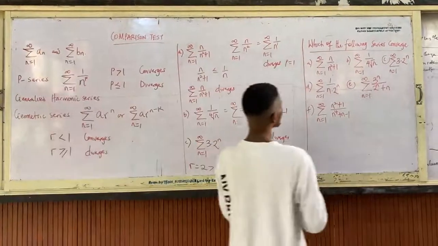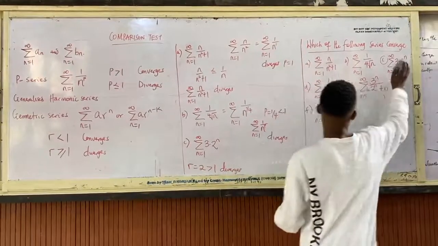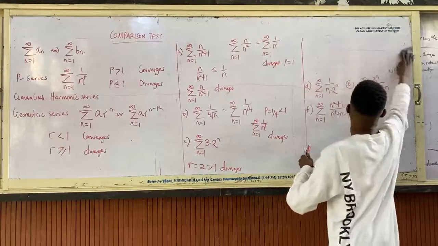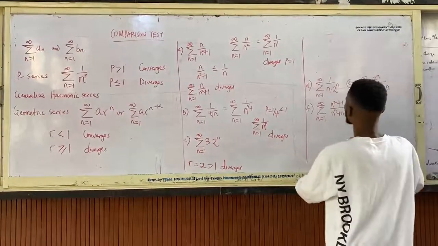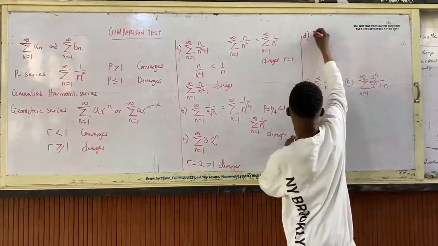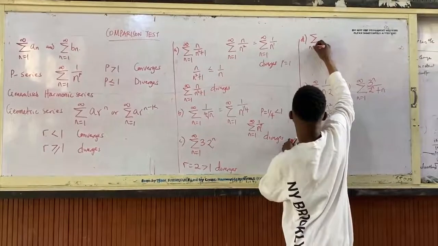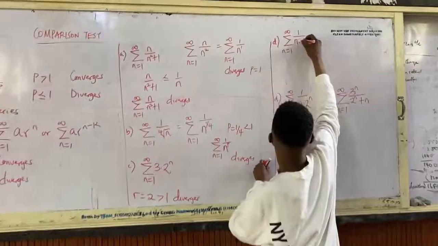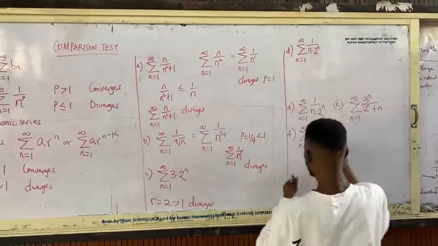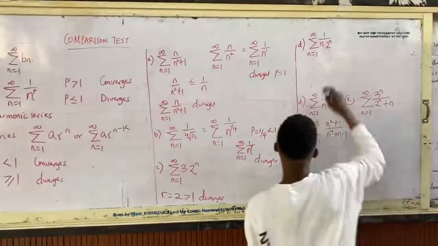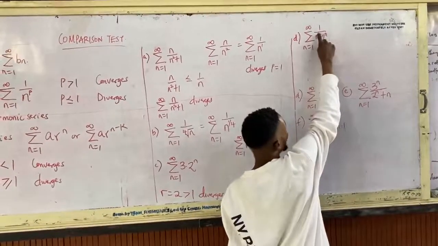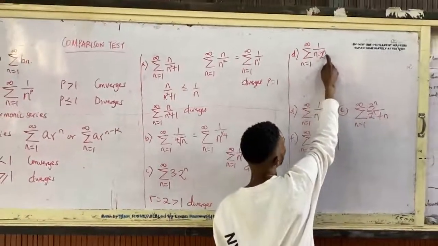Now also, D. You see that here we have 1 over n, the same thing as 1 over n raised to power 1. Then we have 2 raised to power n.